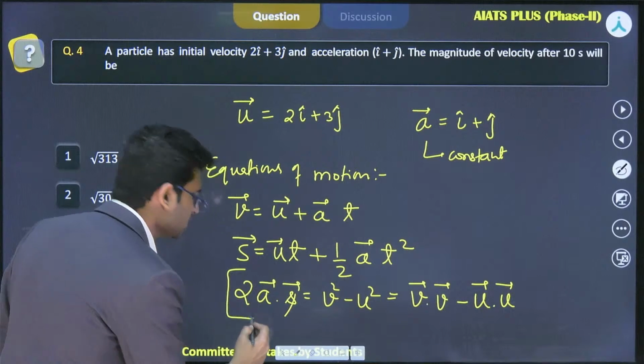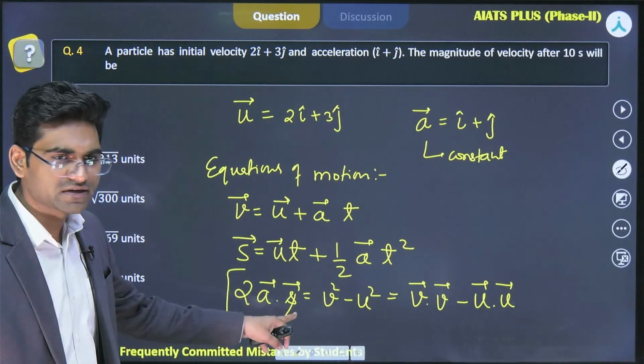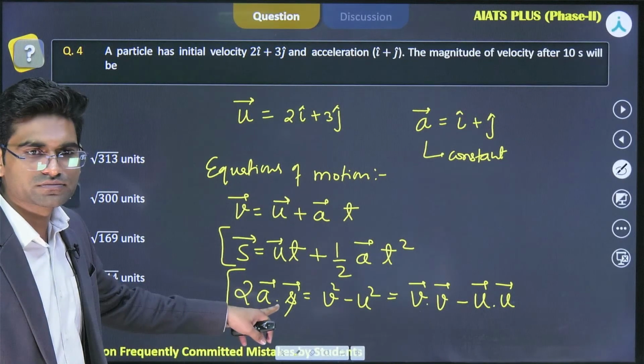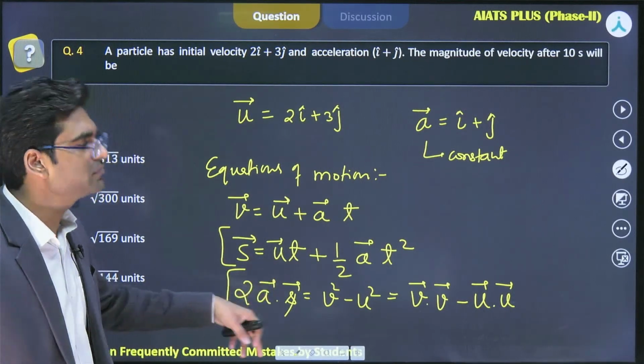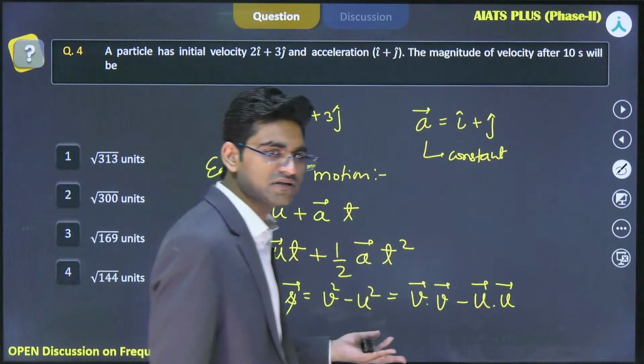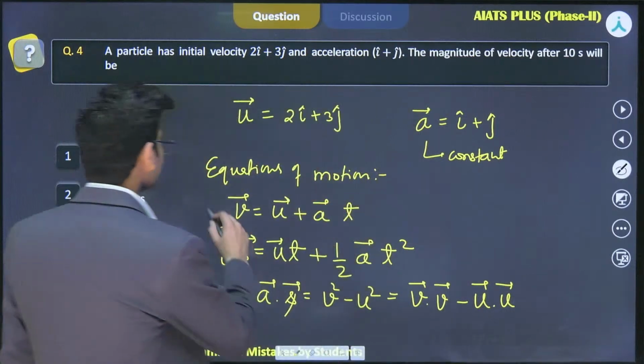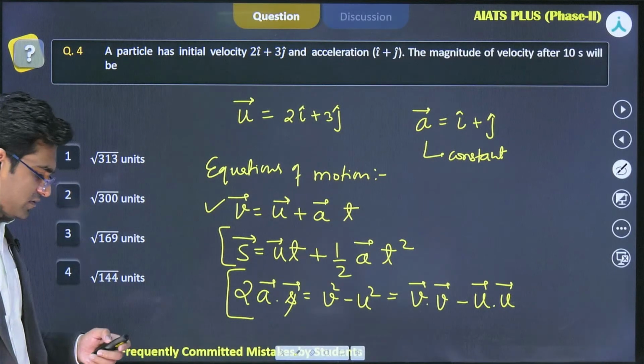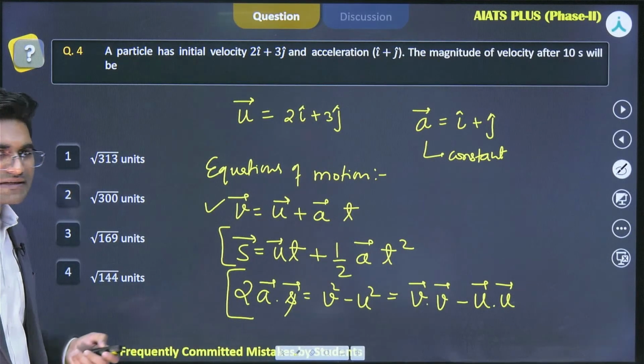We don't need this equation right now, but I have shown you that there are these two more vector equations which we can use if the question requires. Right now I am going to use this equation only: v equal to u plus at.